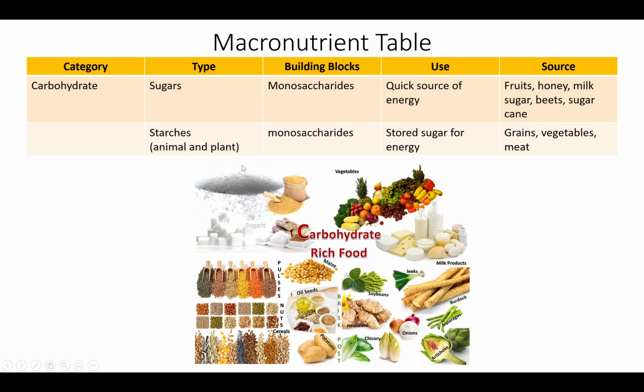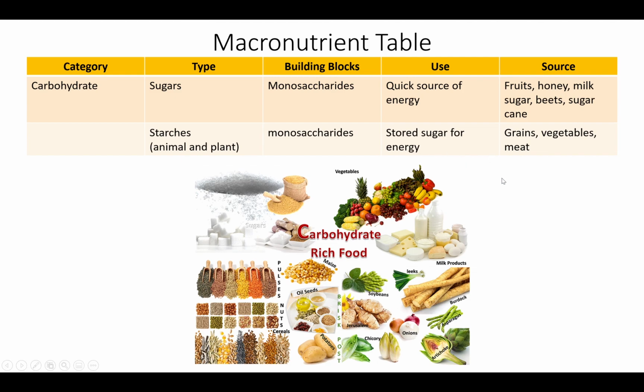We're animals, so animal starch is stored in our muscle. It's called glycogen. You'll also store some in your liver. If you keep eating more glucose than you need for even that, then your body will store it in your fat cells. And so that's how people gain weight if they eat a lot of sugary or carb food that's very rich in sugars and starches.